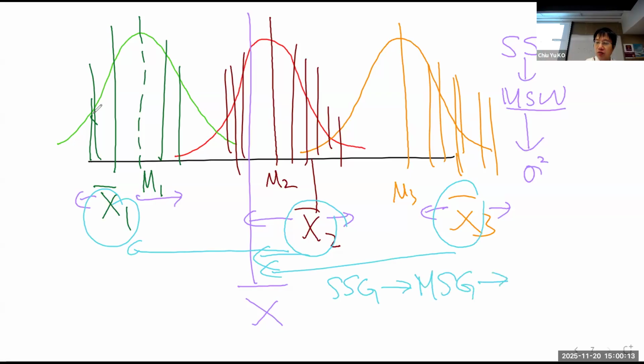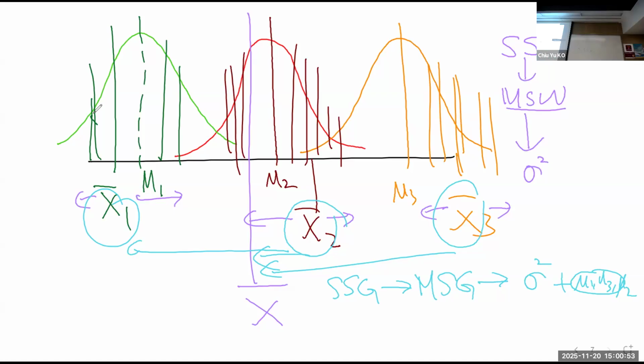And this part will be sigma square plus some part related to how mu1, mu2, mu3 differ. Why? If mu1, mu2, mu3 are very close or the same, this distance will be very close to each other, right? If mu1, mu2, mu3 are different, then the MSG will be much larger, right? Because you will have not just the variance sigma, but also how they're separated. So you have two things: this, and how the mu are different.